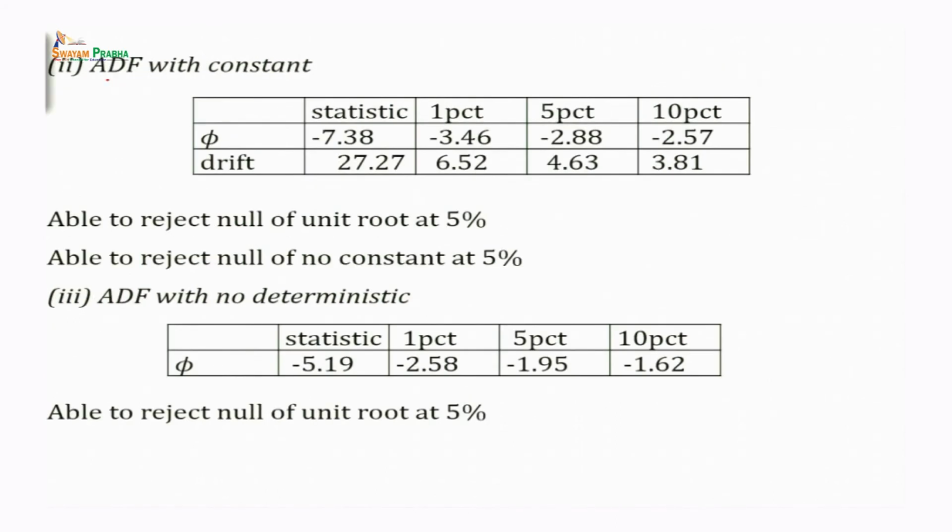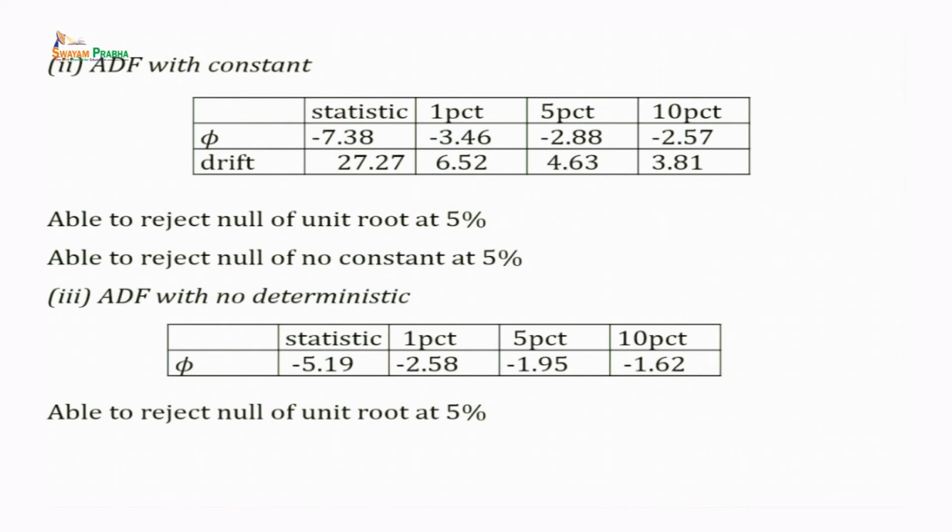Then we have applied the ADF test when the trend term is removed. So, we are able to reject the null of unit root at 5%, and we are also able to reject the null of no constant at 5%.